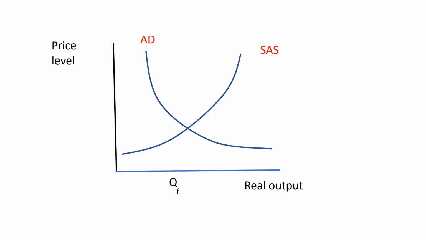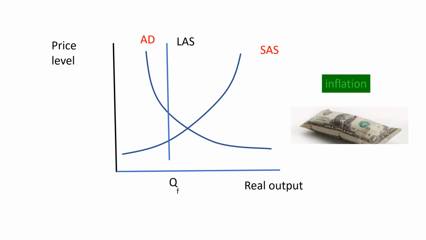What if the aggregate demand and short-run aggregate supply curves intersect to the right of the long-run aggregate supply curve at the full employment level of output? Then the macroeconomy is experiencing high prices and inflation.